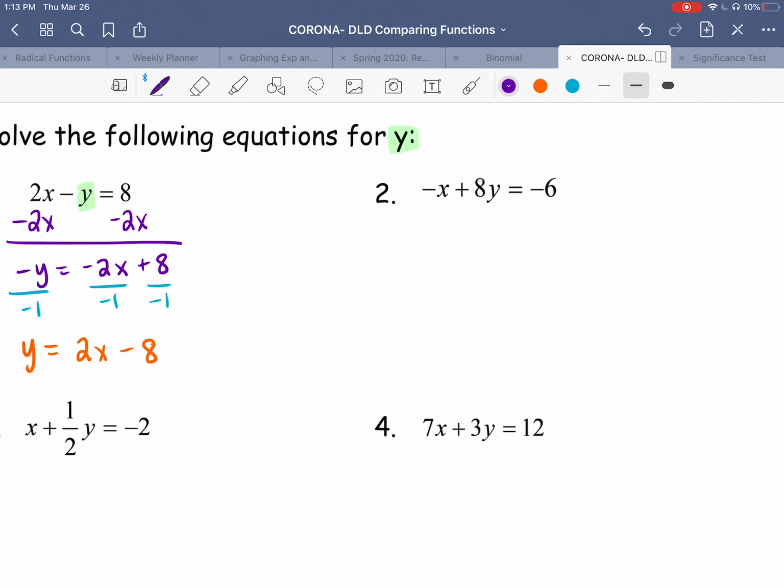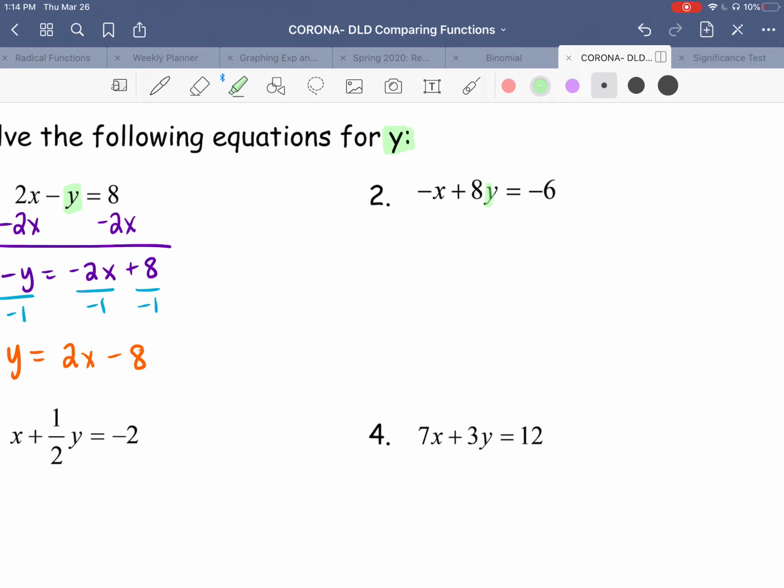Okay, for the next one, again, we want just y by itself. So we're going to first add x over. Remember, we're working in reverse PEMDAS. So we're going to add or subtract first. This is going to give us 8y equals x minus 6. And then last but not least, divide by 8 on both sides.